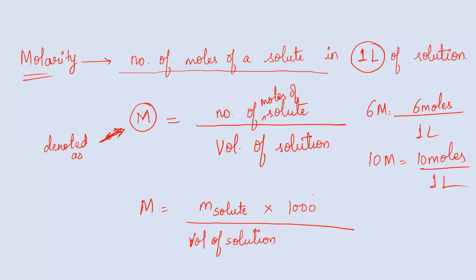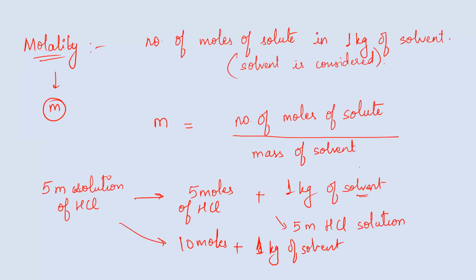So it will be converted into milliliters. The same happens here also, because here you are going to take 1 kg. If you want to convert it into grams, it will become 1000 and then it will be expressed in grams also. Now we'll discuss one example here, a numerical.